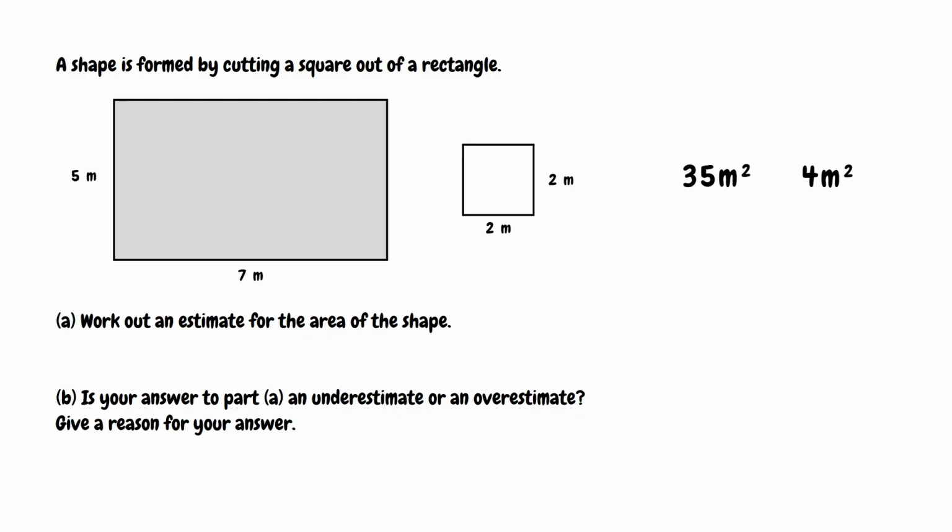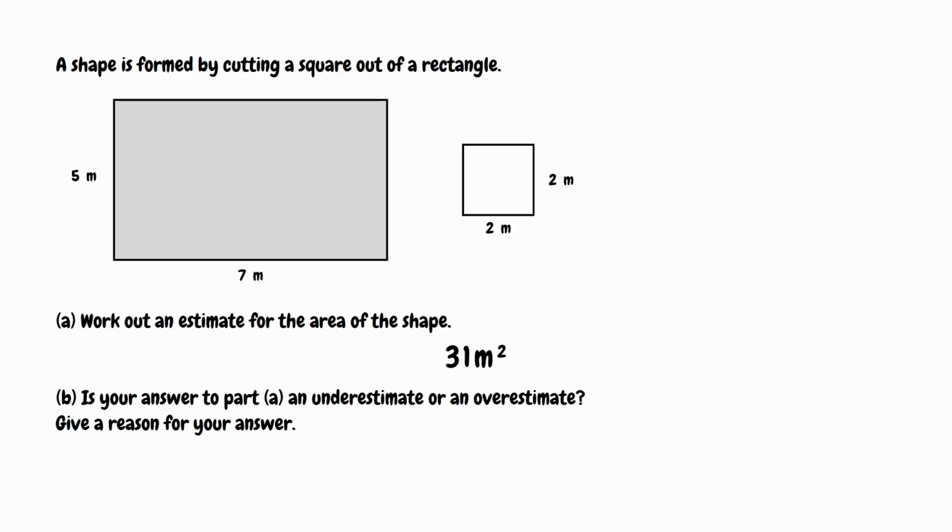So now I'm going to take these two areas, and because that square is being cut out of the rectangle, to figure out the area that's left, I need to take these values away. So if we do 35 meters squared, take away 4 meters squared, that's going to leave us with 31 meters squared. And that would be the estimate for the area of our shape that's left over when we cut the square out of the rectangle.